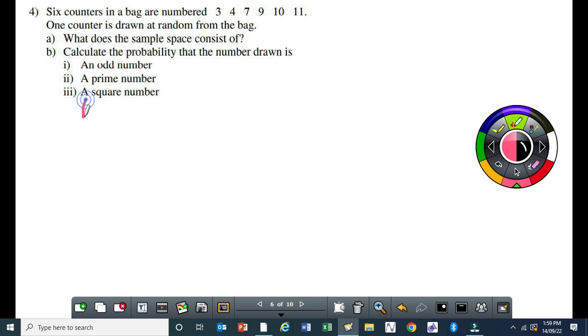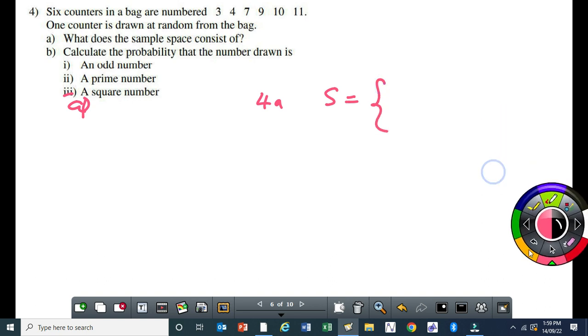Okay, so the sample space is going to be made up of the 3, the 4, the 7, the 9, the 10, and 11.